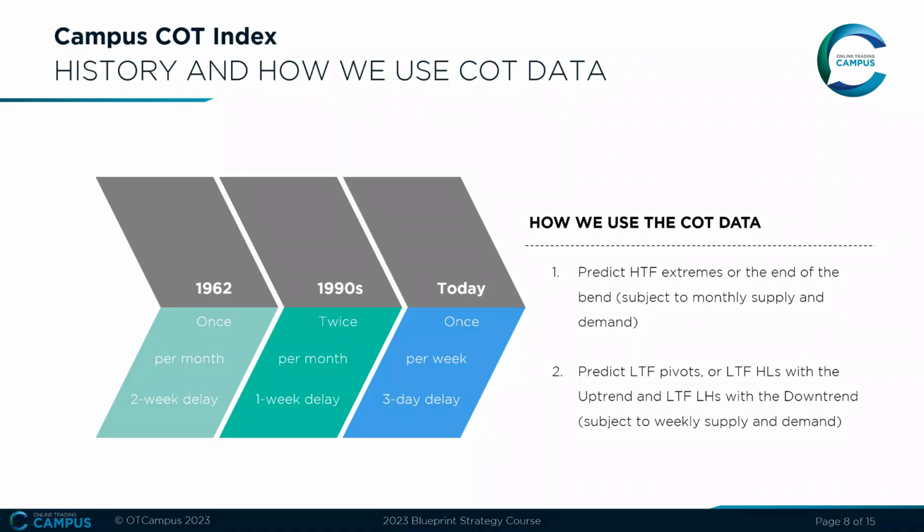Then in the 1990s, they upgraded the COT data to be reportable twice a month. And nowadays, of course, it's being published weekly with only a 3 to 4 day delay in data usually.